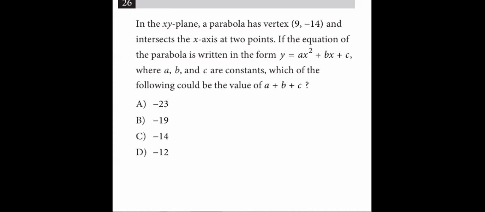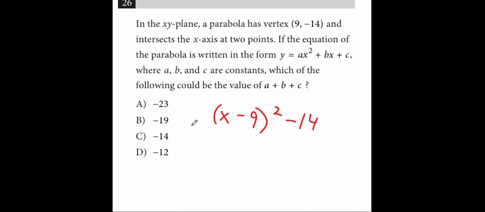So question 26. First we need to write this in vertex form. In this case, we have a times (x minus 9) squared minus 14.